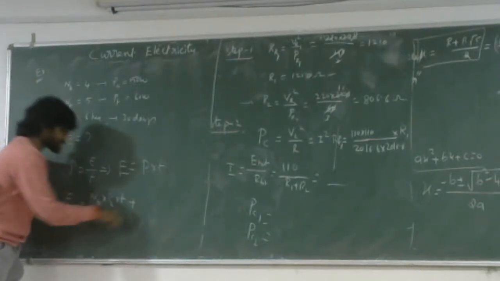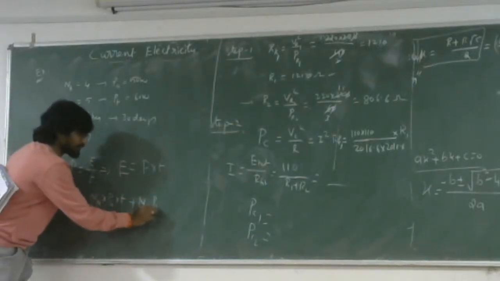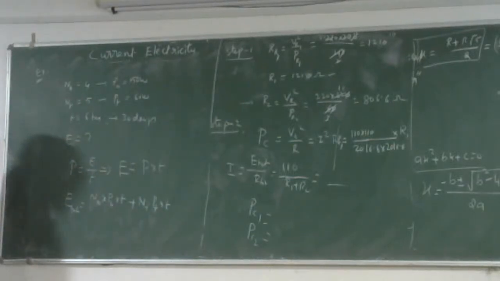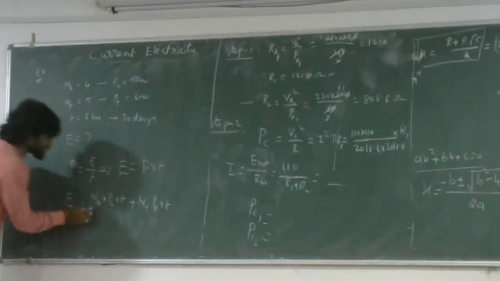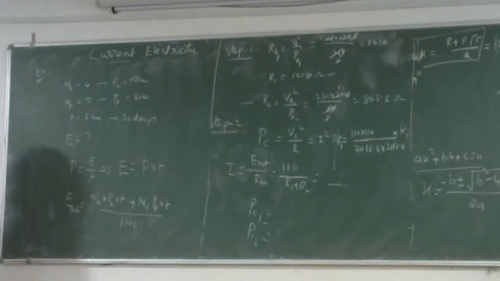So plus number of fans into the power of each fan into the time taken by these fans to consume this power. Is it clear? So this gives you the total energy in terms of kilowatt hour. If you want, you have to divide this by 1000. Got it?